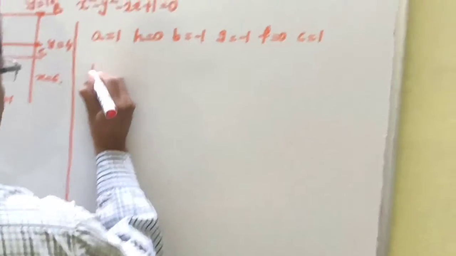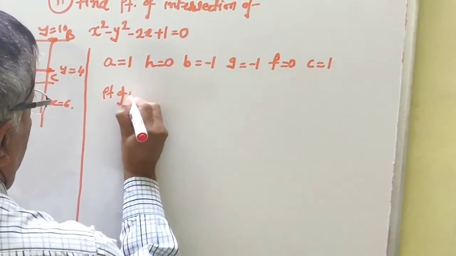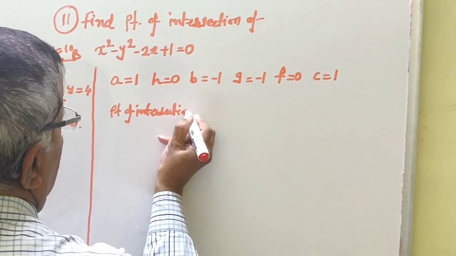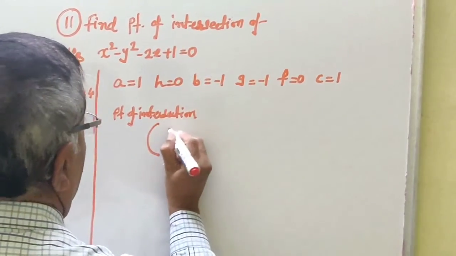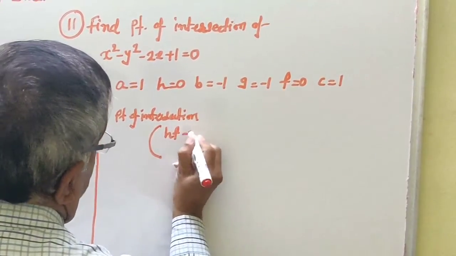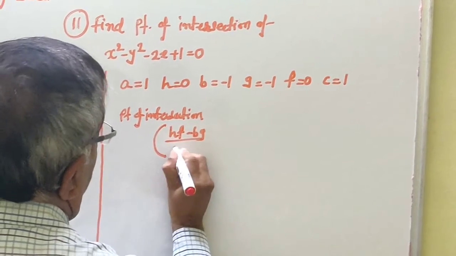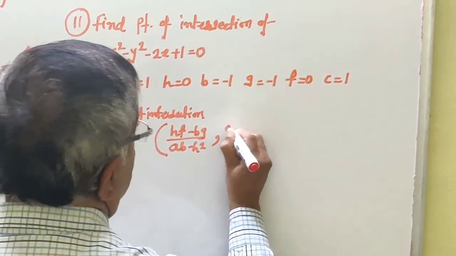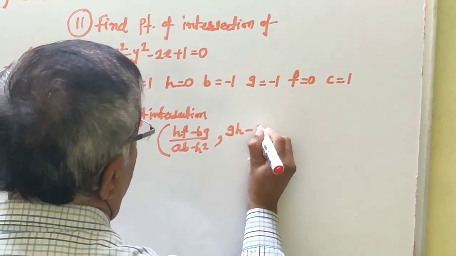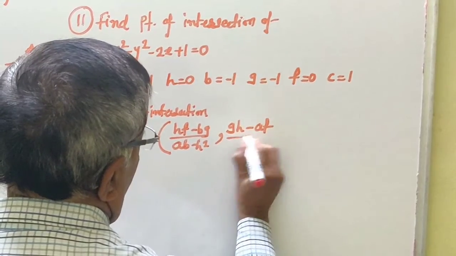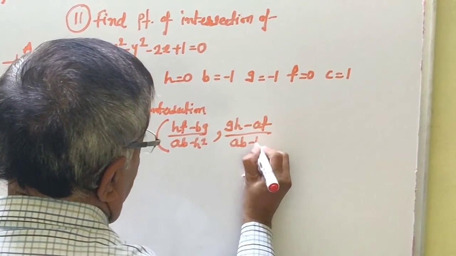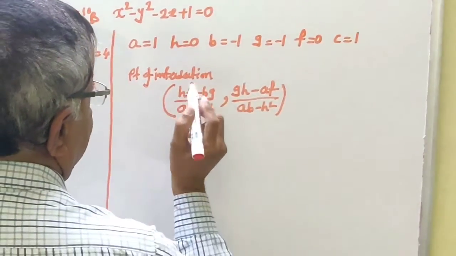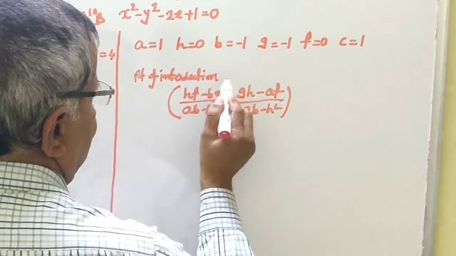I know the formula for the point of intersection: hf minus bg upon ab minus h square, comma gh minus af upon ab minus h square. The denominators of both are equal. Now the value of h is 0, therefore this cancels out b into g.